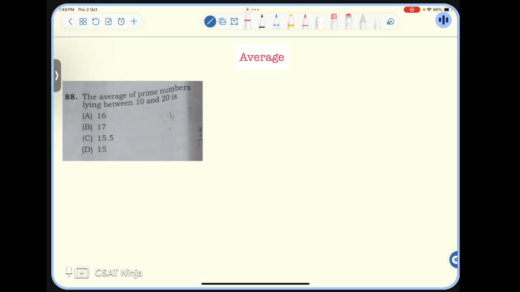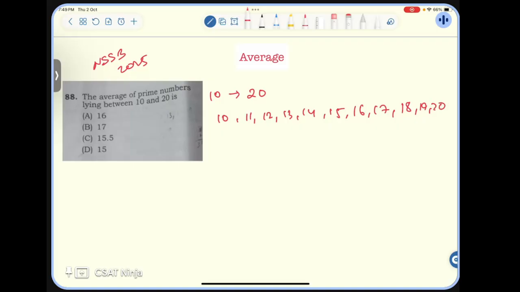PYQ question from Nssb itself. This one was asked in the Nssb 2025 technical question paper. The average of the prime numbers lying between 10 and 20. So let's find what the prime numbers are. I'll just write it down here: 10, 11, 12, 13, 14, 15, 16, 17, 18, 19, and 20.